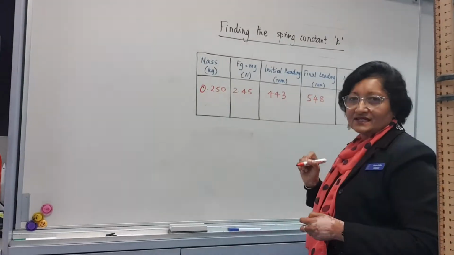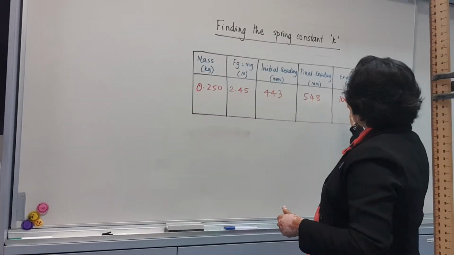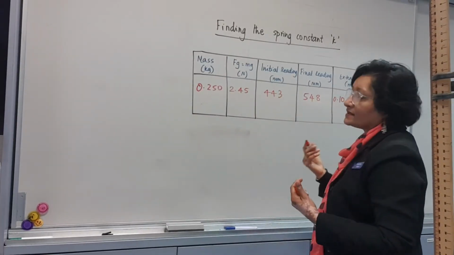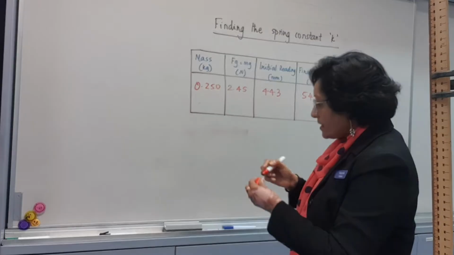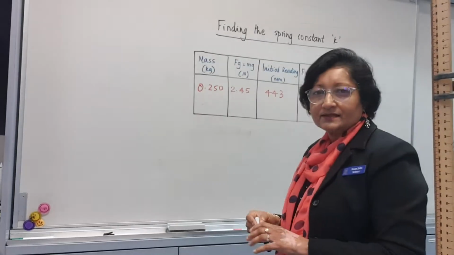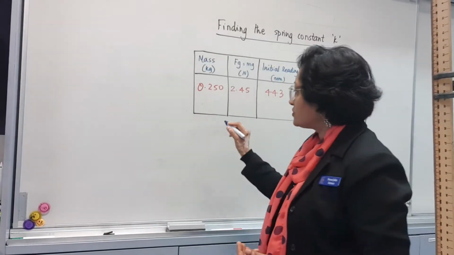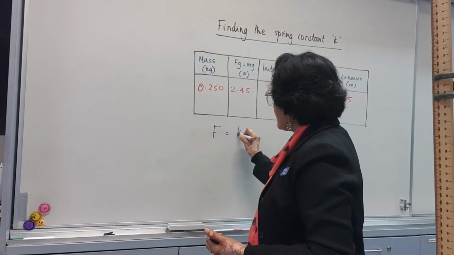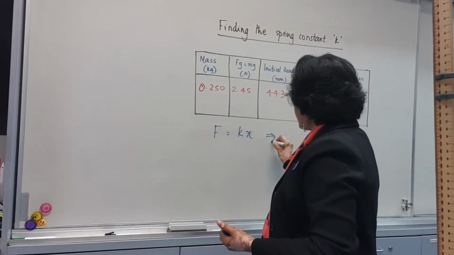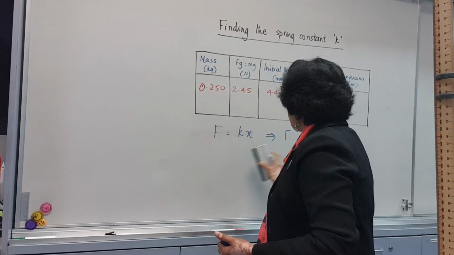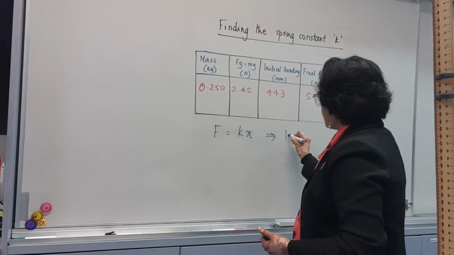I want that in meters, and this is in millimeters, so it's 0.105. Now I'm going to use the formula F equals Kx to calculate the value of K. So this is F equals Kx, or K is equal to F over x.